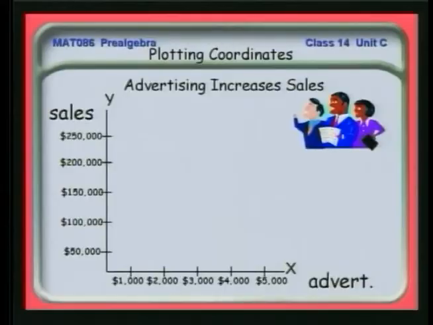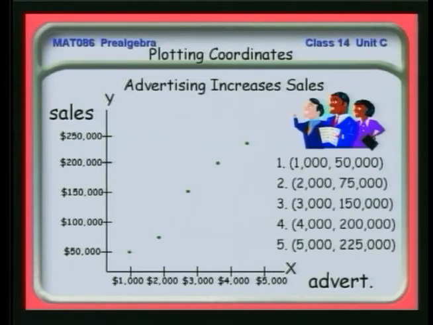Here's an example. Suppose I want to compare how much I spend on advertising with how much money I make, how many sales I make. What I can do now is say, all right, what happens if I spend $1,000 on advertising?